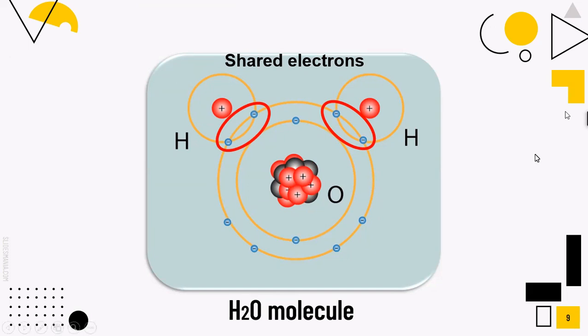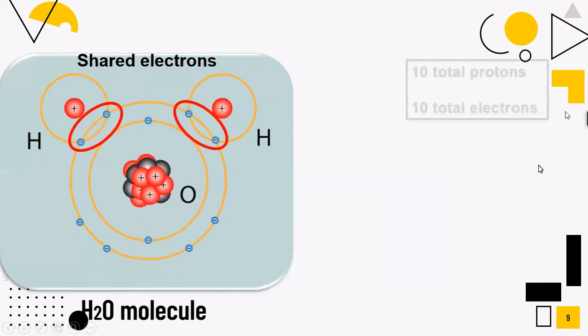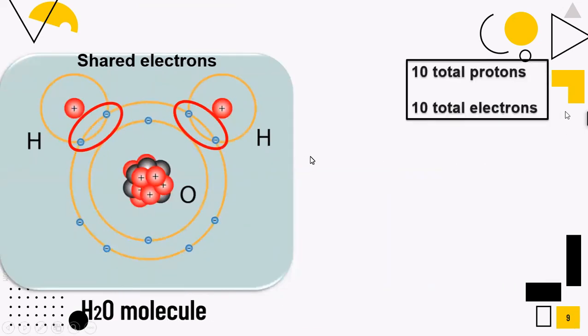So, in total, this molecule has 10 protons, 8 from oxygen and 1 each from the hydrogen atoms, and a total of 10 electrons to share between the oxygen atom and hydrogen atoms number 1 and 2.